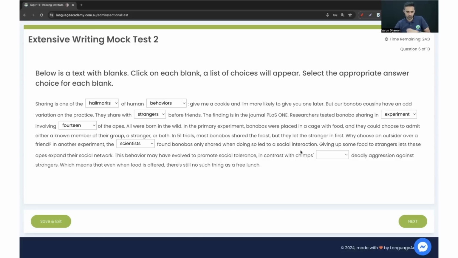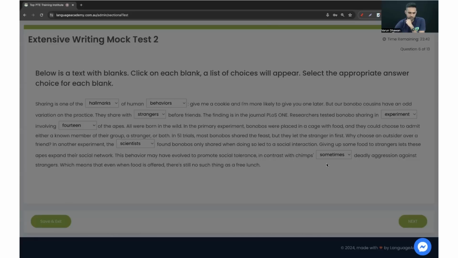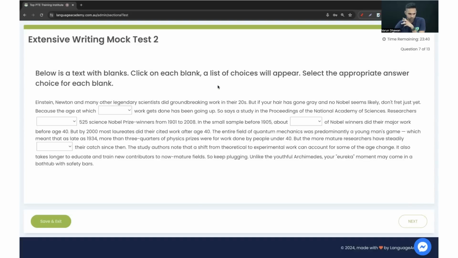Means chimps or chimpanzees, they are not socially tolerant, you can say. Sometimes they are deadly aggressive, or they have this deadly aggression. That's what I think. You have to understand the passage and move on because you will not have a lot of time.